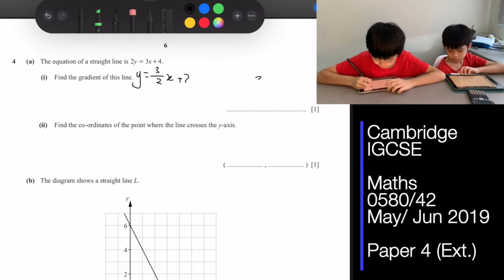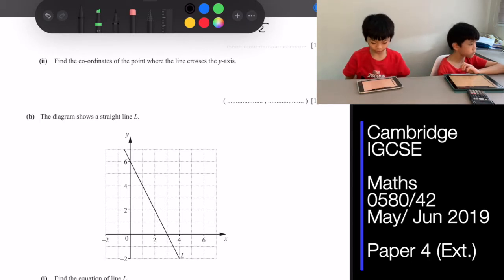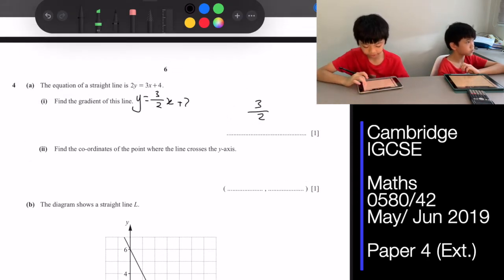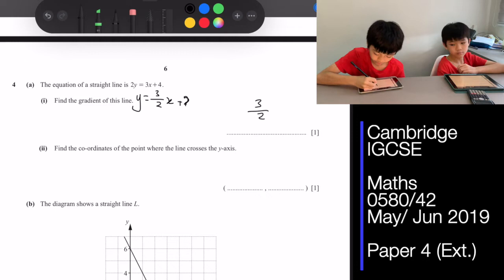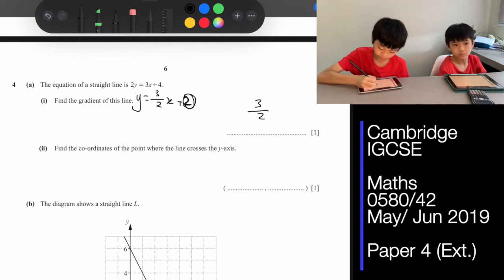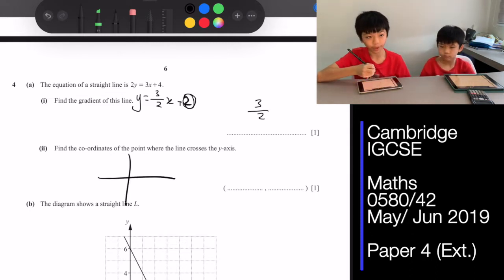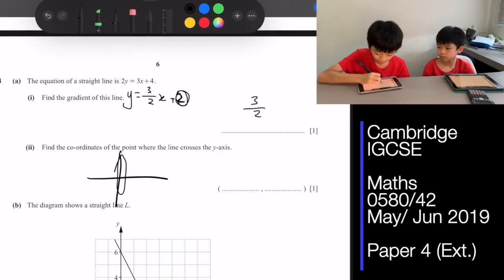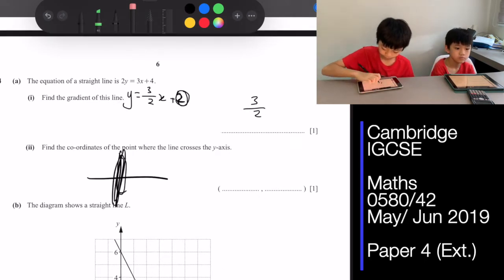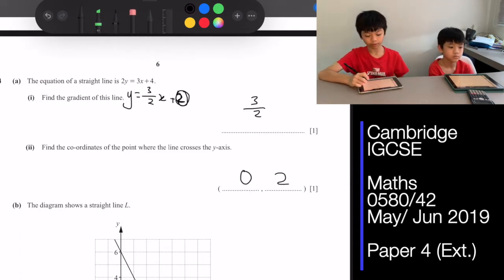So the gradient is 3/2. Next, find the coordinates of the point where the line crosses the y-axis. Again, we'll have to use normal y. The point where it crosses the y-axis will be c, and c in this case is 2, so it's 0 and 2.